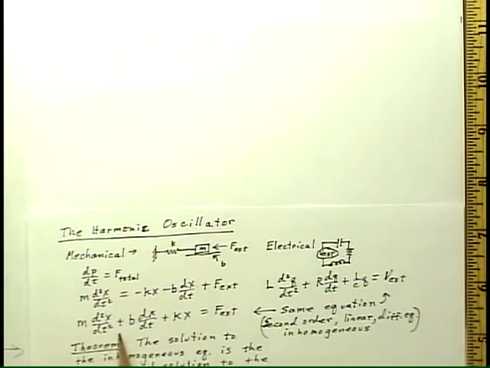We then bring these two forces to the left side of the equation and write this as an equation which is proportional with mass to the second derivative, the constant b to the first derivative, and the constant k to the 0th derivative, as equal to the external force on the right-hand side.